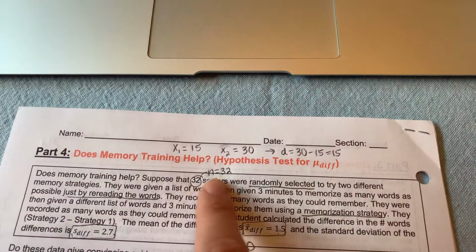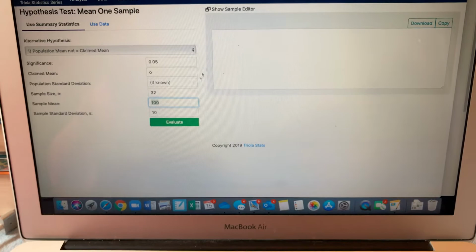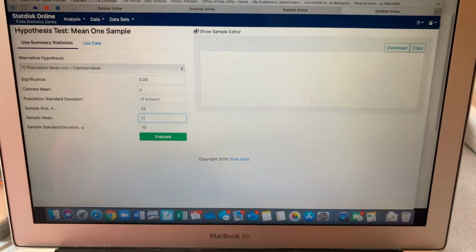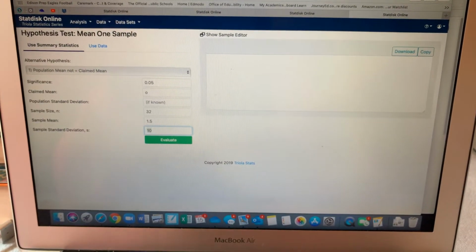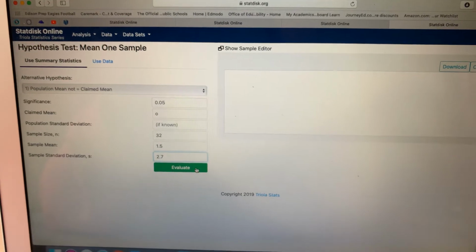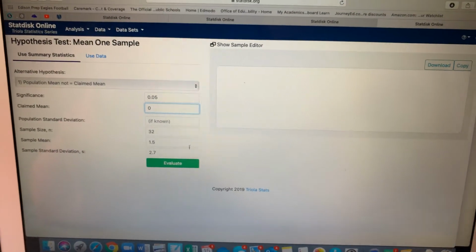We had 32 seniors, so N is 32. And then the sample mean is given to us, X bar diff. So X bar sub diff is 1.5. That's what we're entering here, 1.5. And the sample standard deviation they also gave us was 2.7. Again, that's right here. Okay, so the last thing we have to remember to do, if we hit evaluate at this point, oops, I entered an O instead of a 0. Sorry, guys. Make sure you hit 0.